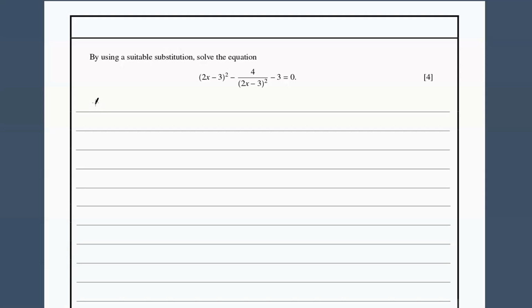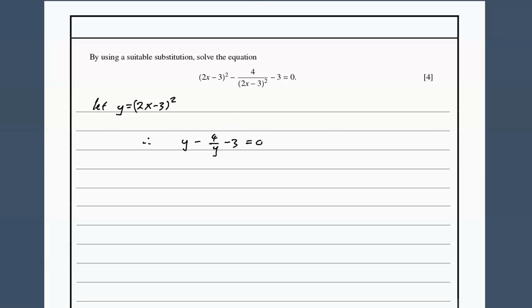I'll say here, let y be equal to 2x minus 3 squared, which therefore means that this equation is as good as y minus 4 over y minus 3 equal to 0.